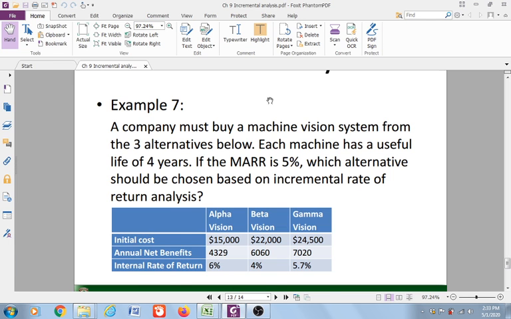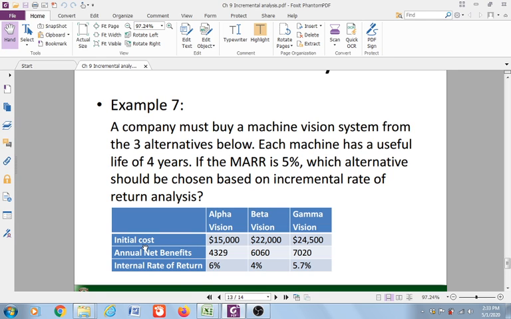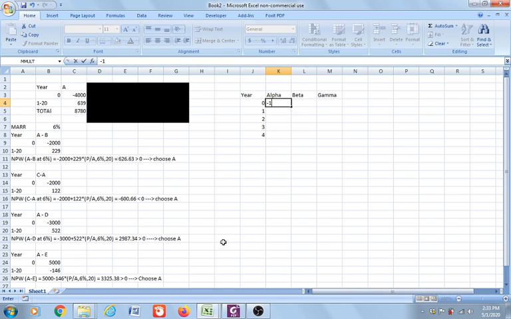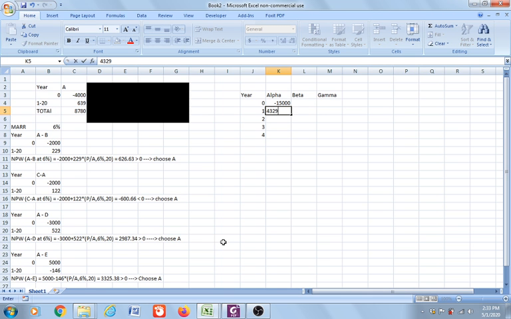The life is how many years? 4 years. So we have year over here, 0, 1, 2, 3, 4. For alpha, the initial cost is 15,000, so this is minus 15,000. Annual net benefit is 4329.